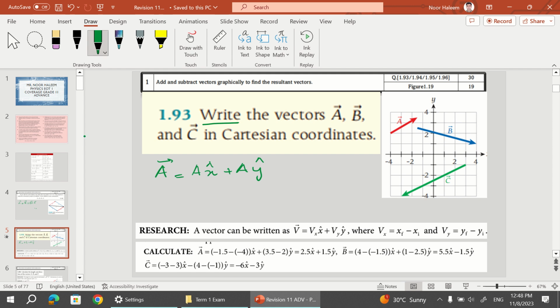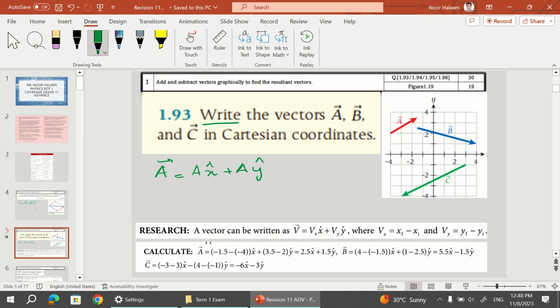Understood? Now find out the final points. What are the final points of this tip of the vector? What do you think? Here, look, how much is this? Y, is it 3.5? 3.5, right? And x is how much? Minus 1.5?